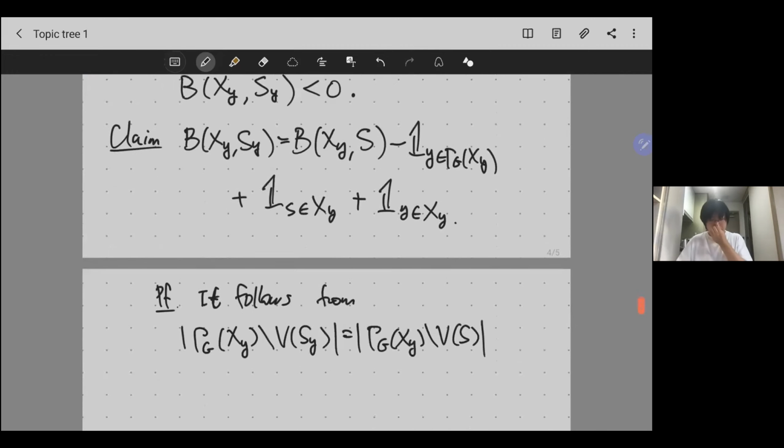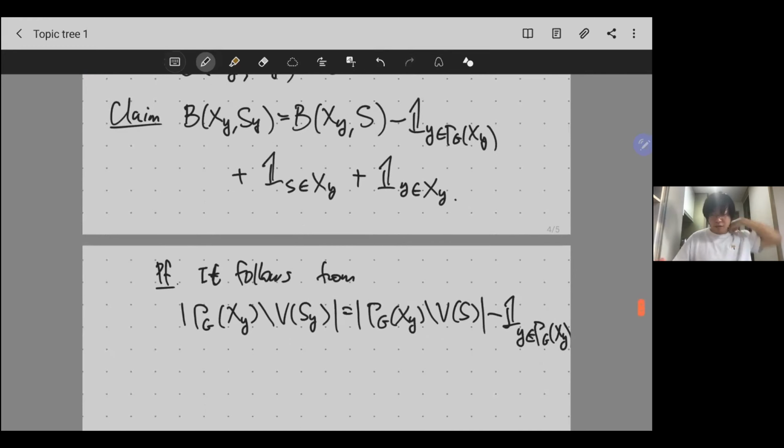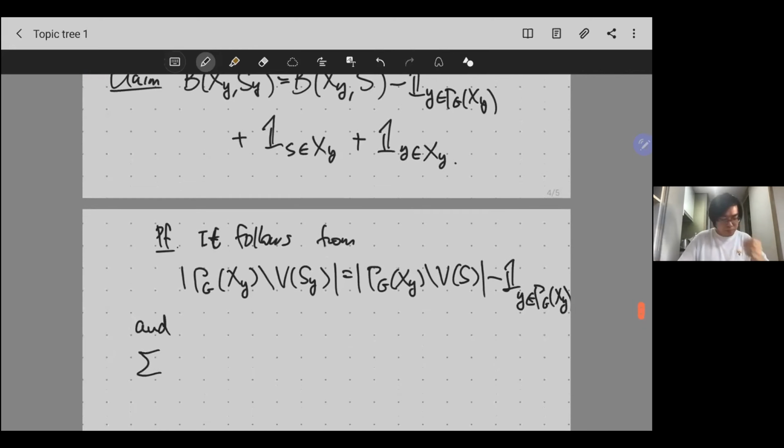The neighborhood out of the partial embedding only differs when y is in this set; otherwise, they are the same. The second thing you use is that the sum over x in capital X_y intersect V(S_y) of d_{S_y}(x) equals, now let's see how this changes.